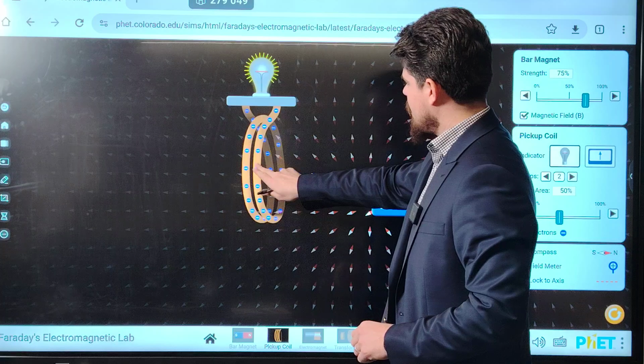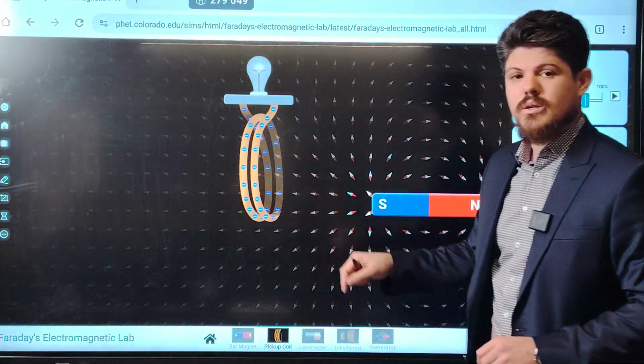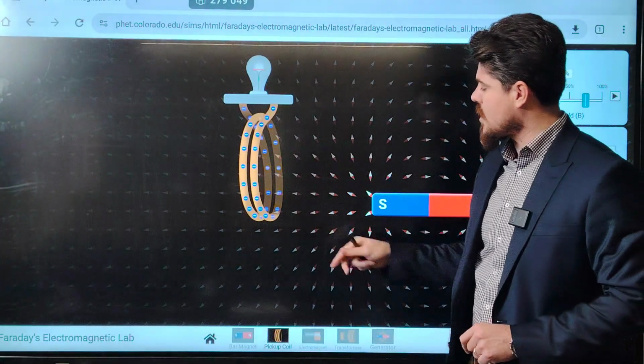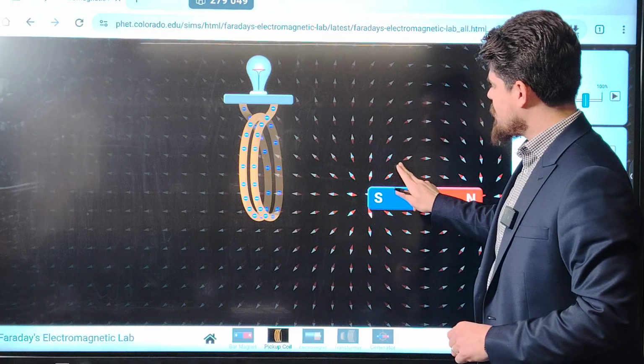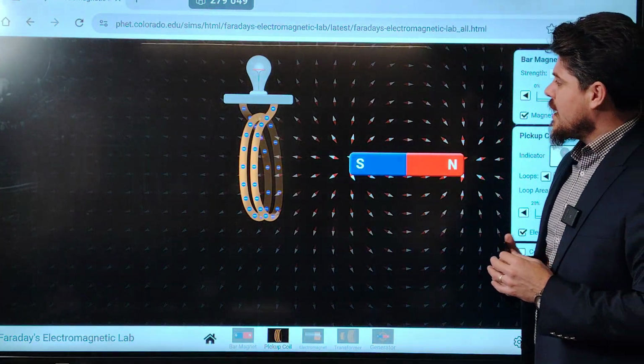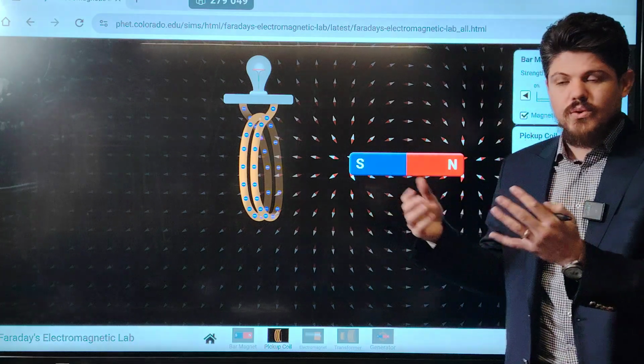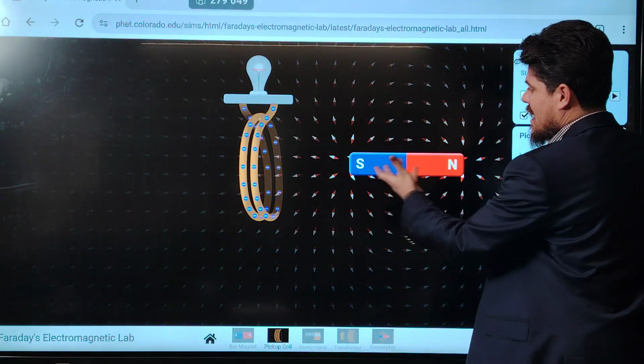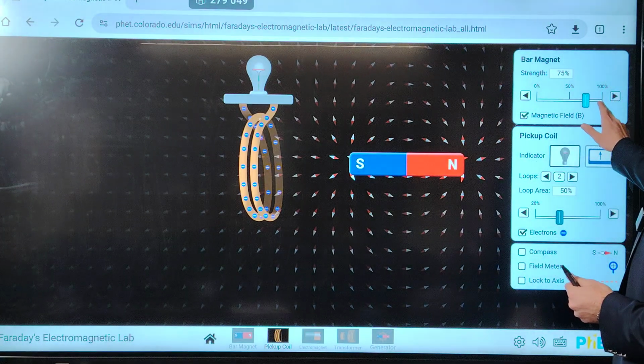We have a loop of wire, a conductor loop, and a bar magnet, north and south. Do we have a magnetic field? Yes, of course, because we have a bar magnet.